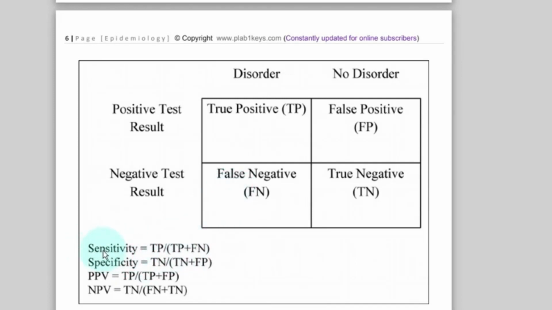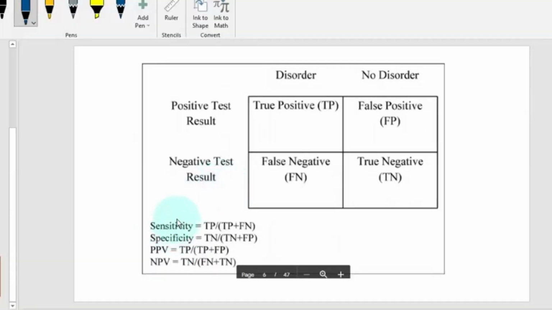Sensitivity contains N, and there are two N's here. Specificity is P, and here are two P's. In the bracket, there are the false ones, opposite to the main. If this is positive, then it's false negative. If this is negative, then it's false positive. That's how you can memorize the formula.